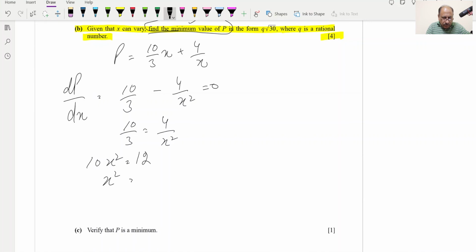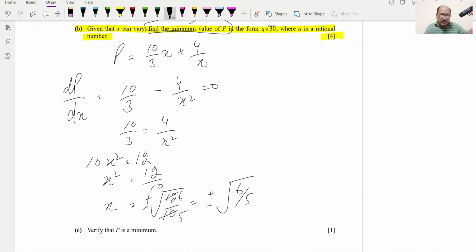So x squared is equal to 12 over 10, and x will be equal to plus minus square root of 12 over 10, and we can write this as 6 over 5, if we cancel this, 2 5s are 10, 2 6s are 12.